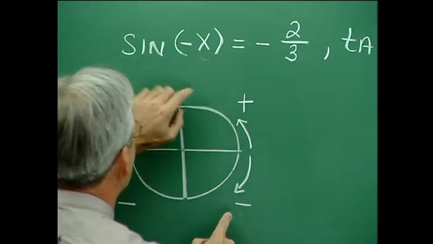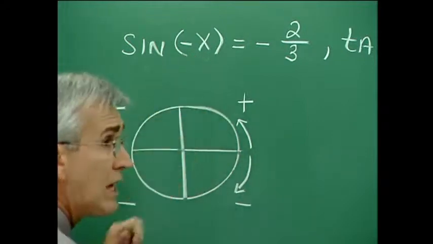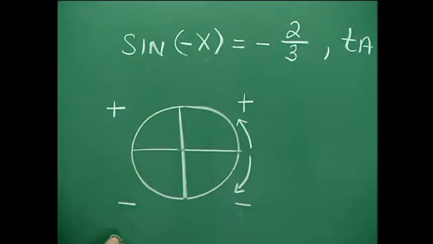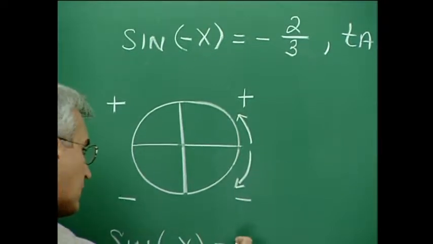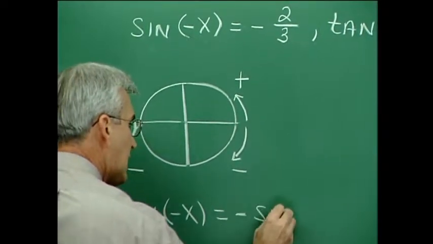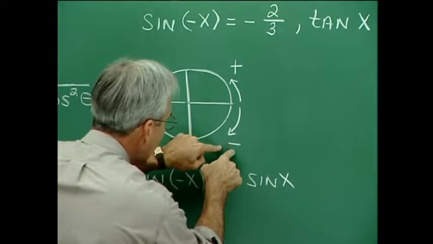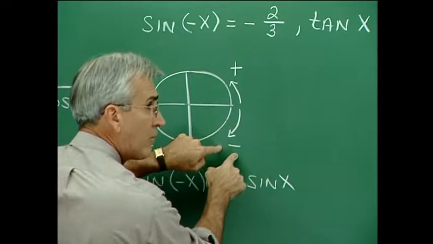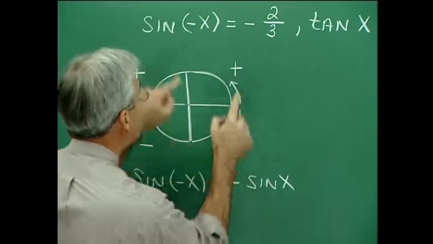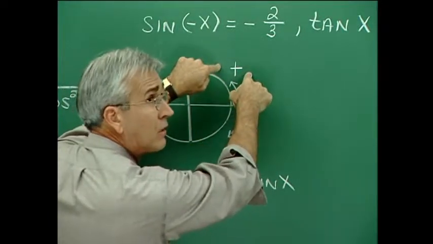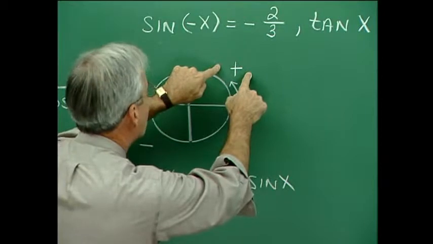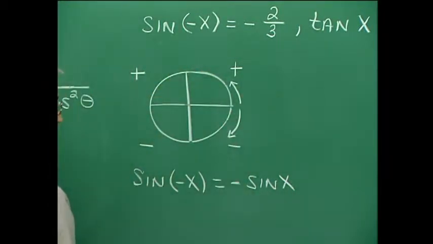So it turns out that the sine of negative x is equal to the negative of sine of x. That is, the sine of this negative 30-degree angle is a negative number, and it corresponds with the negative of the number corresponding with sine x, or sine 30 degrees. Okay, so this is the idea.